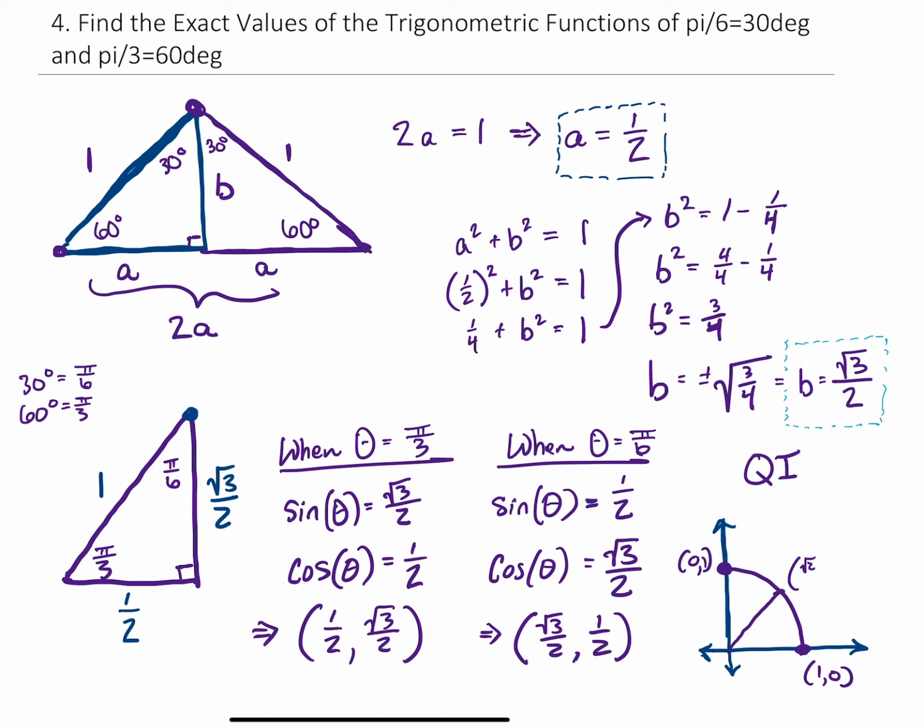That's the one that has the root 2 over 2's. And then up here, this is the higher one. So this is 60 degrees. We said that will have the point 1/2, root 3 over 2. And then down here, 30 degrees, or pi over 6. The same numbers here, but just flipped in order. So it'll be root 3 over 2, 1/2.